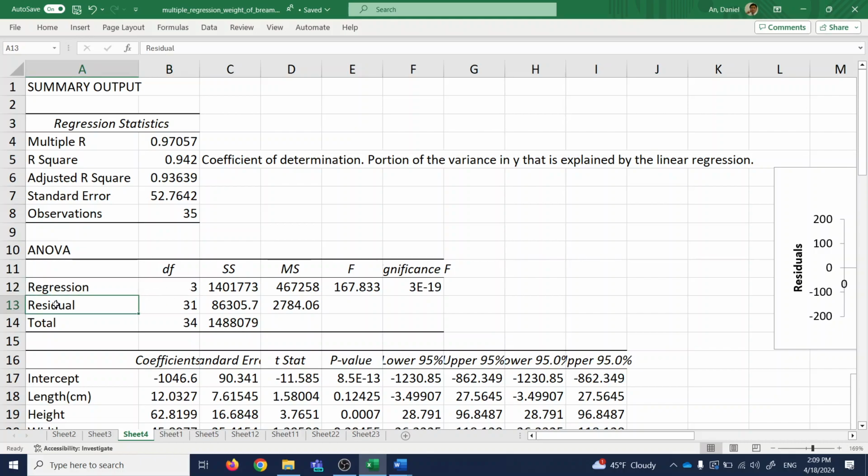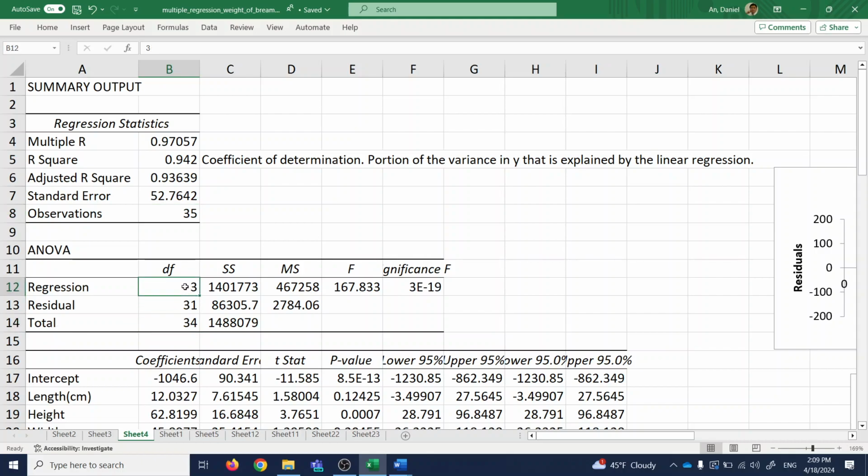And then there's the residual degrees of freedom, which, if this is unknown, then you just have to do total minus the regression degrees of freedom to get 31. So these two have to add up to 34 because that's the total. The total degrees of freedom is always n minus 1, okay? So since there are 35 observations, total degrees of freedom is 34.